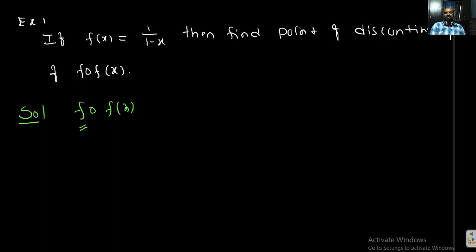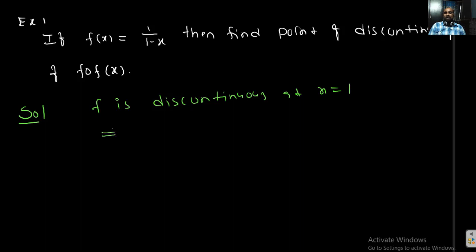Okay. That is the first thing. F is discontinuous at x equal to 1 implies f circle f is also discontinuous at x equal to 1.